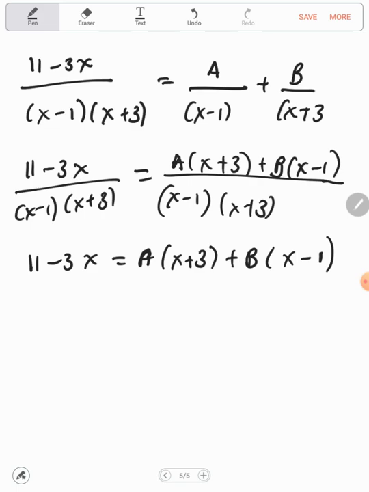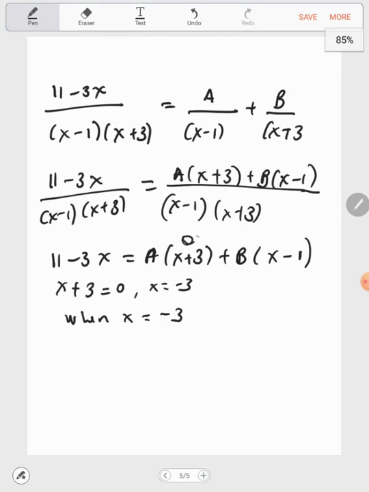Okay, so here what you use are the values of x in the brackets. So you first get your x plus 3 and you equate it to 0. This implies that x is equal to minus 3. Then you say that when x is equal to minus 3, the A term will be 0.